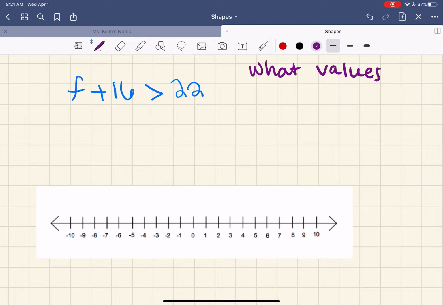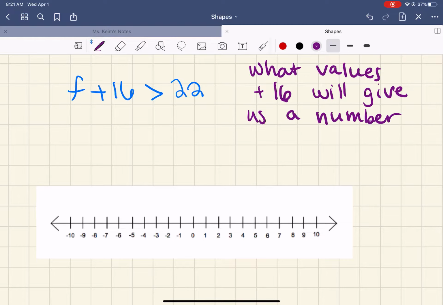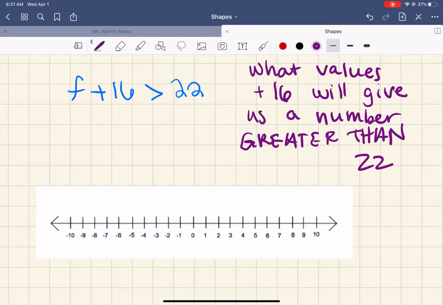Some values plus 16 will give us a number greater than 22. And so that's what we're solving for. We aren't solving for just one number here. We're solving for a range of numbers, because there's not just one number that if we add it to 16, we get something greater than 22.